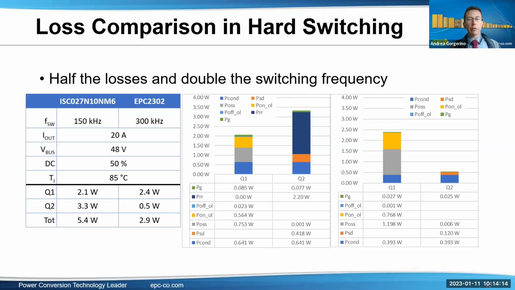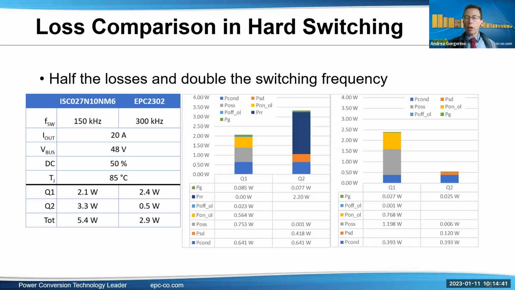As I mentioned before, reverse recovery in hard switching applications can be very significant. It's also very hard to estimate. This is a rough calculation. It's based simply on the QRR from the datasheet of the silicon FET, which is given at a fairly low dI/dt. So again, difficult to estimate, but I think it gives a good idea of how important that parameter is when you actually have to make a real application.